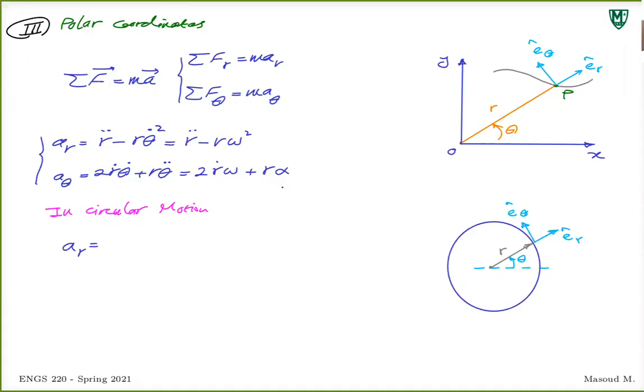When you take derivative with respect to time, that becomes 0. So R dot and R double dot both become 0. So AR becomes minus R omega squared, and A theta becomes just R alpha. All right, that's pretty much it.